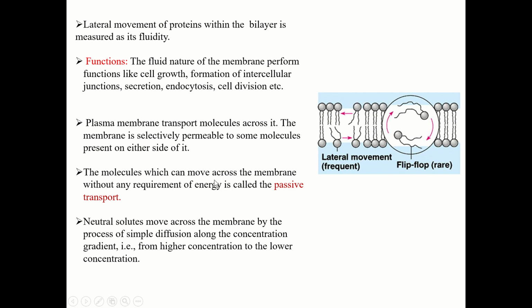The molecules which can move across the membrane without any requirement of energy is called passive transport. Neutral solutes move across the membrane by simple diffusion along the concentration gradient, that is from higher concentration to lower concentration.